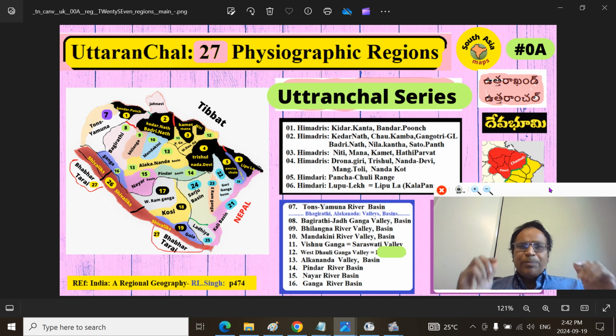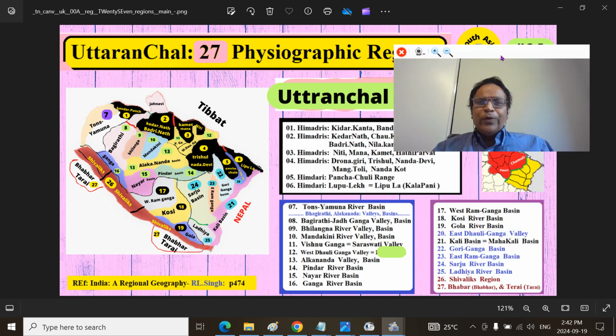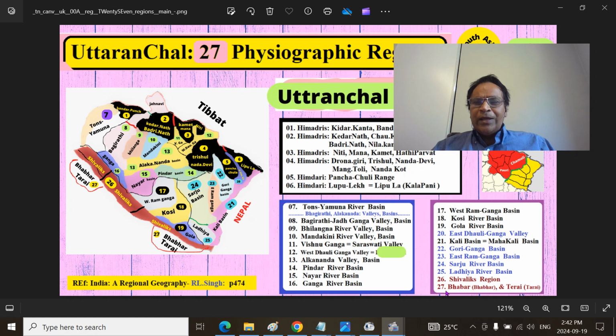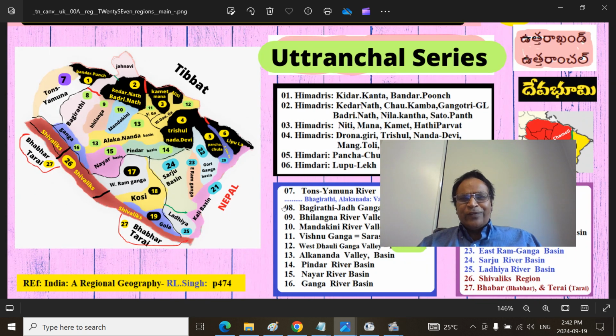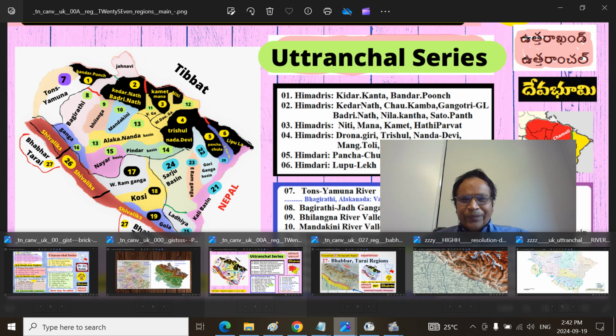This particular presentation will be looking at deeper aspects of the Bhabar region and Tarai region, that is southern part of Shivalik ranges, which are also called outer Himalayan ranges. Most of this information is present from Regional Geography by RL Singh, and I have made certain modifications and redrawn the map so that these things will be clear to you.